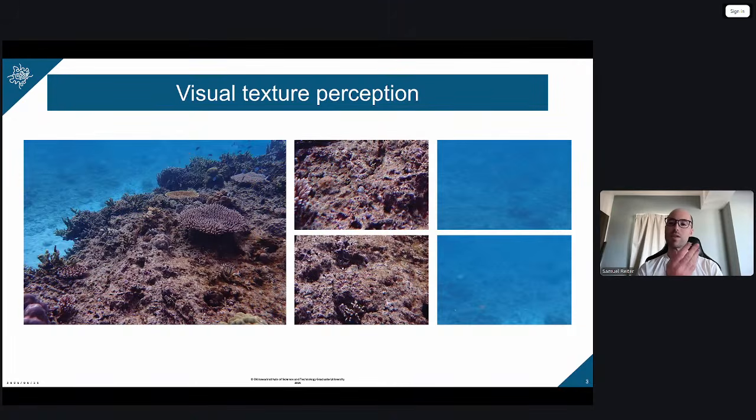This statistical summary is known as visual textures. Now, decades of work have shown that visual texture perception is really important for a quick understanding of a scene, and it sets up later more computationally costly operations like object detection.